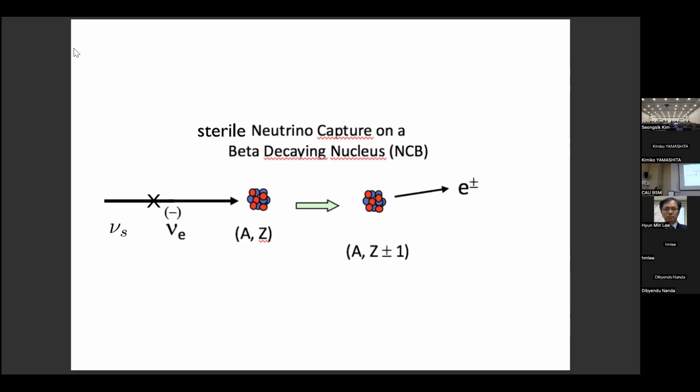So this spectrum depends on the mass of the sterile neutrino and also the size of the mixing. The mixing is usually much smaller than 1, so the sterile neutrino capture rate should be smaller than the electron neutrino capture rate.